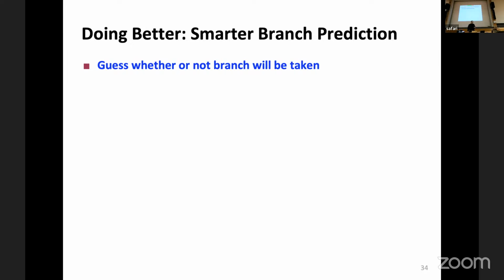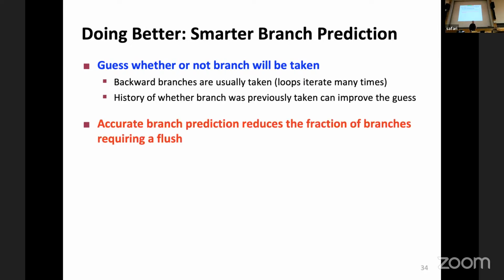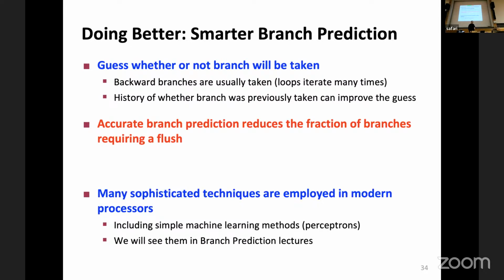So in reality, we are doing much better in modern processors. They have complicated branch prediction that can reduce the misprediction penalty. One interesting technique is to use machine learning methods also.